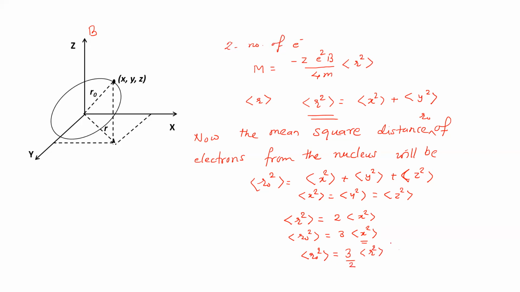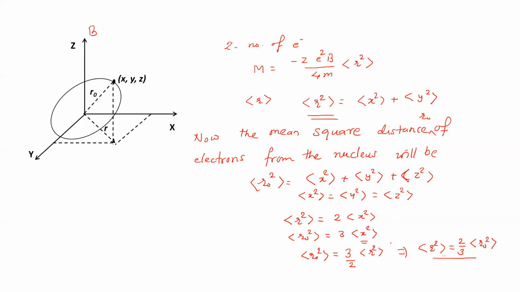This implies average r square is equal to 2 by 3 average r0 square. That means we have calculated the average value of r square, since the orbits are inclined with the external magnetic field direction, in terms of the mean square distance of the electrons from the nucleus.